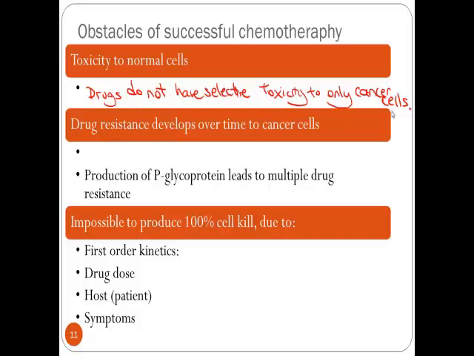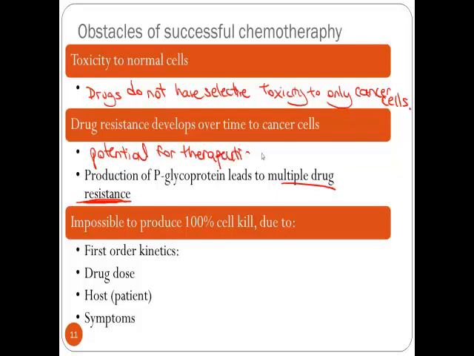The second obstacle is that sometimes the cancer can develop a drug resistance, and sometimes this drug resistance can cross over to other drugs, right? So if a cancer becomes drug resistant, then you have a potential for therapeutic failure, right?